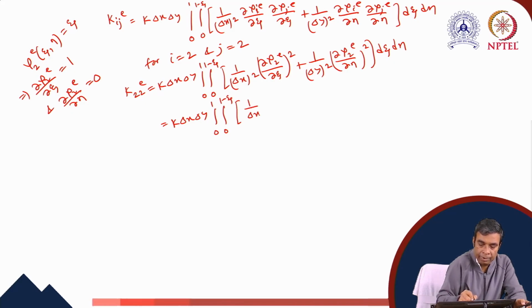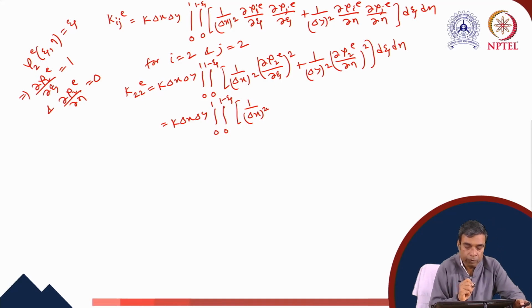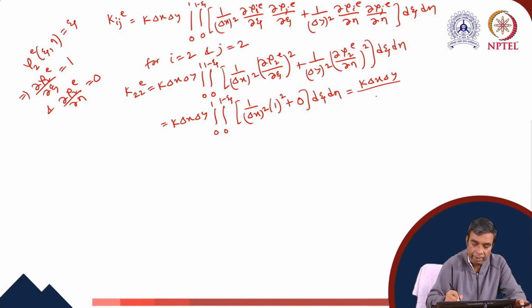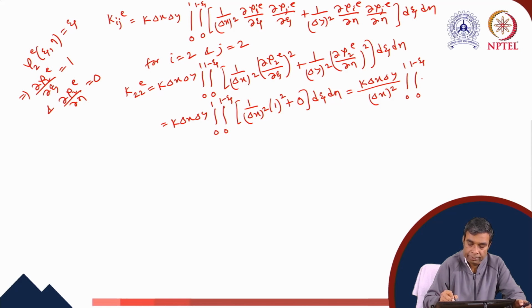Here we get 1/(Δx)² times (∂ψ2e/∂ξ)², which is 1 squared, plus (∂ψ2e/∂η)², which is 0, dξ dη. So we are left with k Δx Δy / (Δx)² integral 0 to 1, integral 0 to 1−ξ, dη dξ.